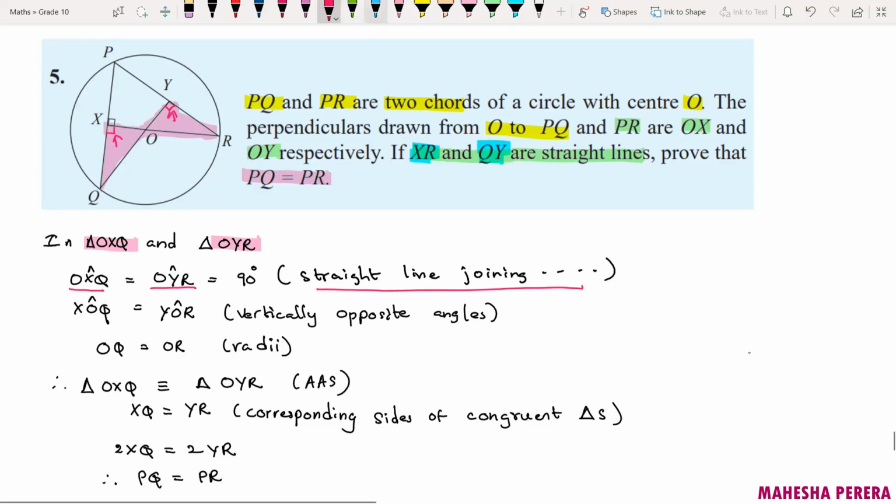And then we see that these two angles are equal, right? These two angles are equal because they are vertically opposite angles. So these angles are XOQ and on the other side YOR. Okay?